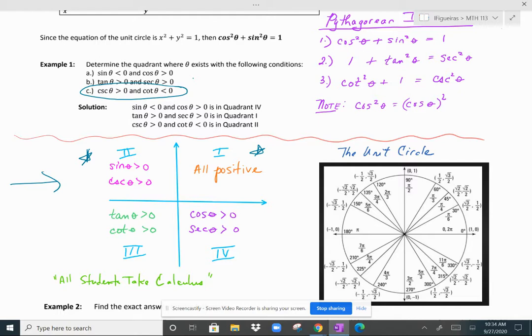As mentioned in previous lessons, there's a saying students use when they take calculus. And so A stands for quadrant 1, all are positive. T stands for tangent, that's tangent and cotangent are positive in quadrant 3.